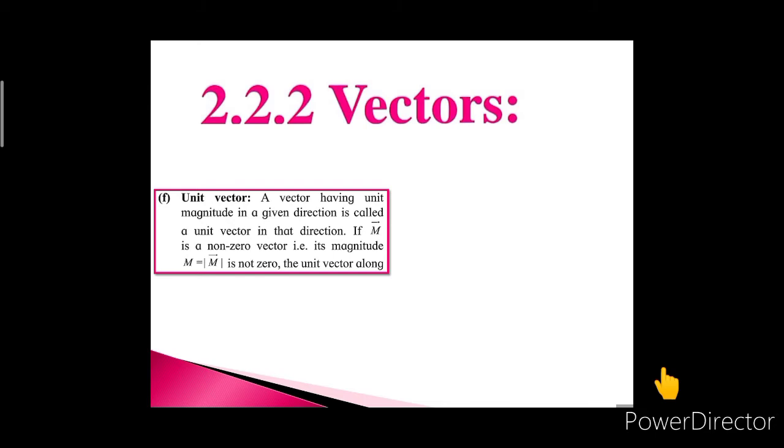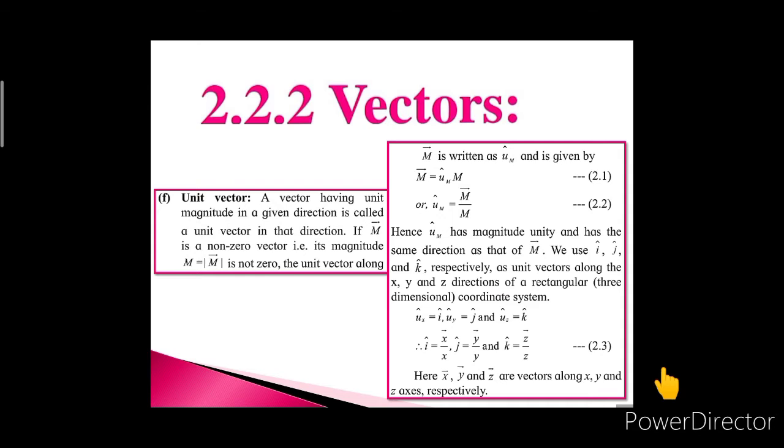And the last type we had seen is the unit vector. A vector having unit magnitude in a given direction is called a unit vector in that direction. If vector M is a non-zero vector, its magnitude M is also non-zero, and the unit vector along vector M is written as M cap, using a small letter.